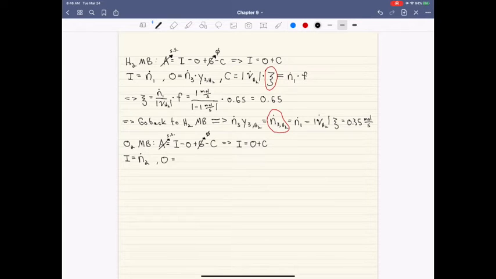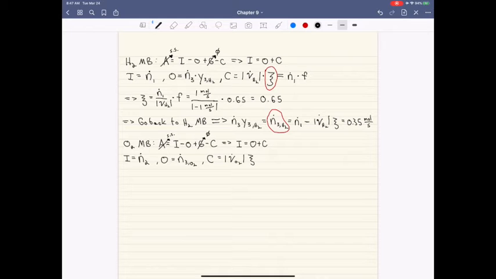The output, we could say, is just the molar flow rate of oxygen in stream 3. So we'll combine the mole fraction and the overall flow rate for stream 3 there. And then the consumption term here is once again the stoichiometric coefficient rate for oxygen times the extent of reaction.